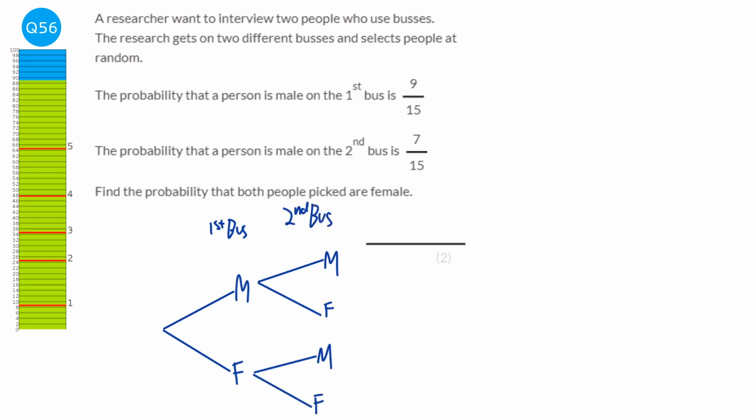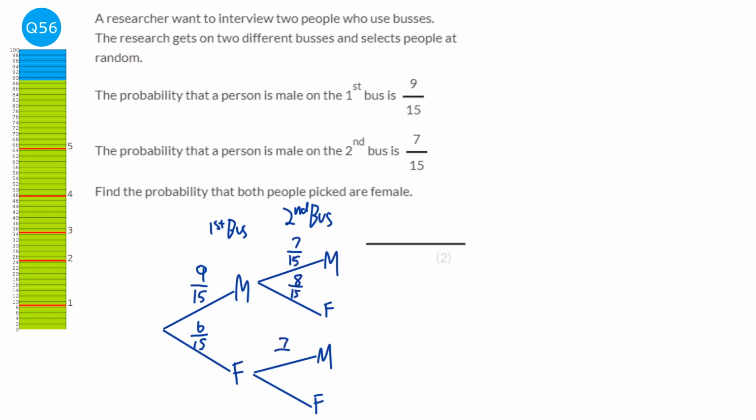So the probability of male on the first bus is 9 over 15. And therefore the probability of female is 1 minus 9 over 15, which would be 6 over 15. Male on the second bus is 7 over 15. And so female would be 8 over 15, because they need to add up to 1.